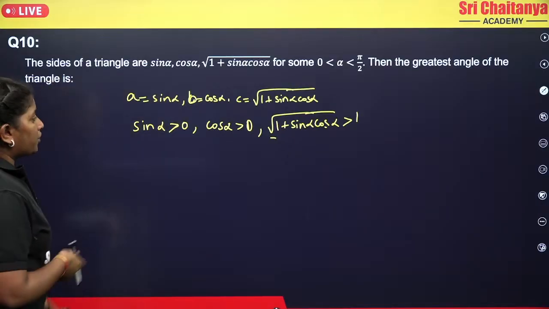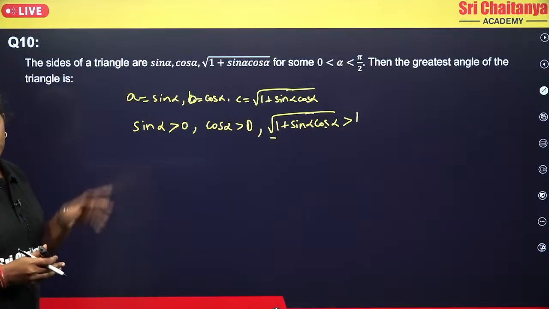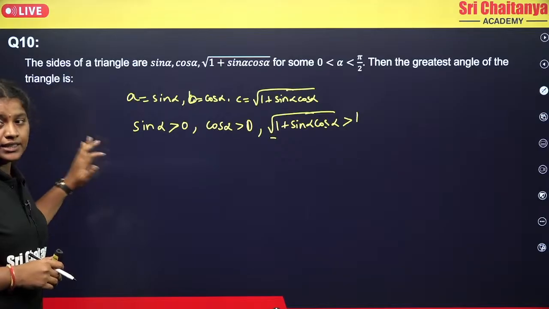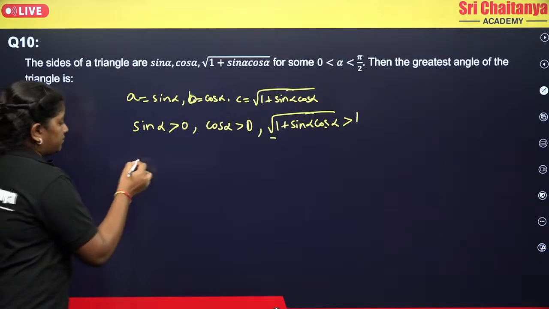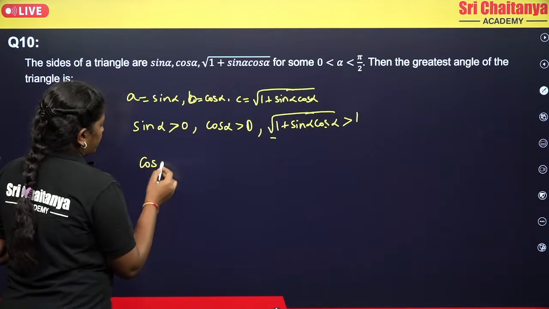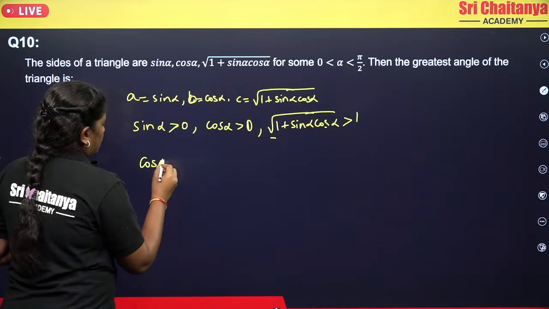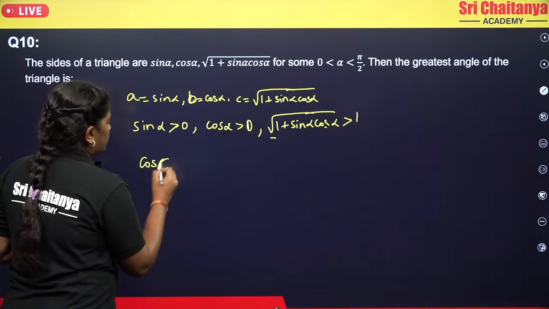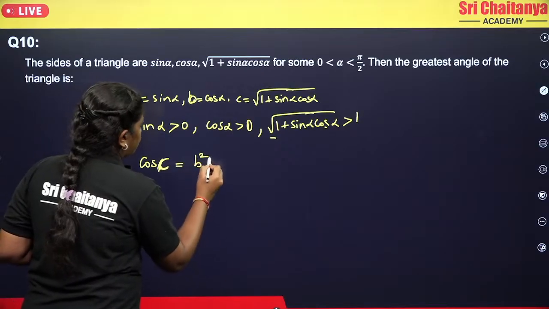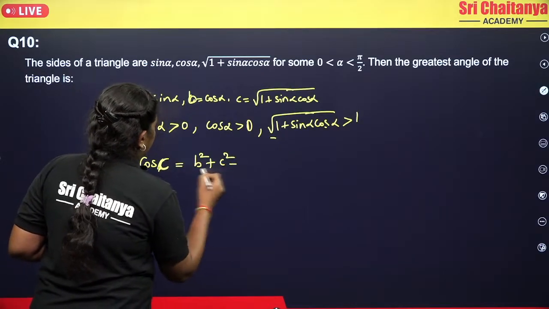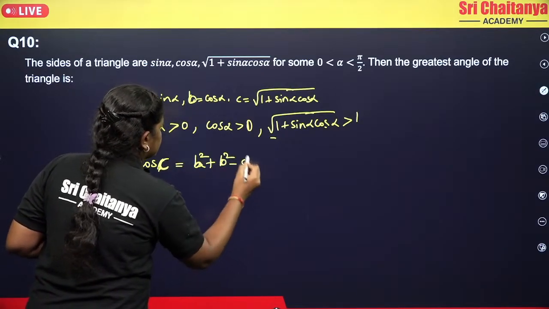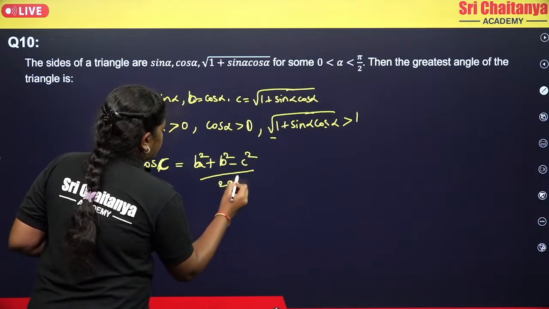Now moving to the next, here you can use your cosine rule. From there you will get the angle directly. So now if you are taking cos C, then it will become A square plus B square minus C square by 2AB, right?